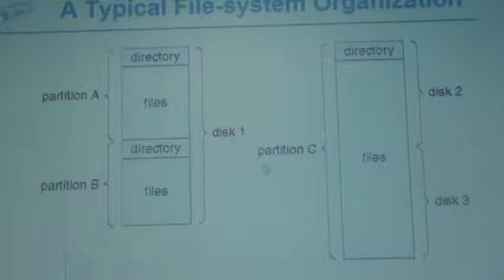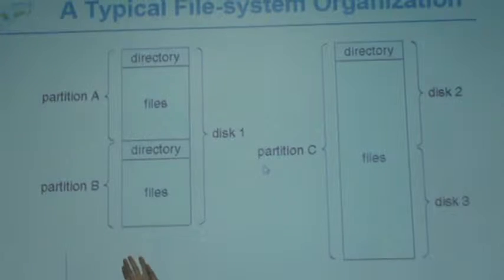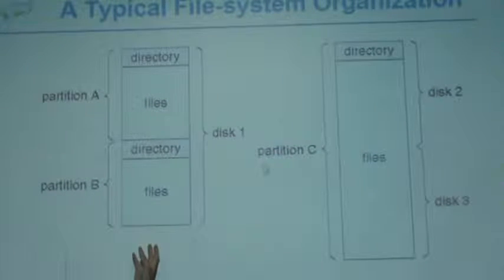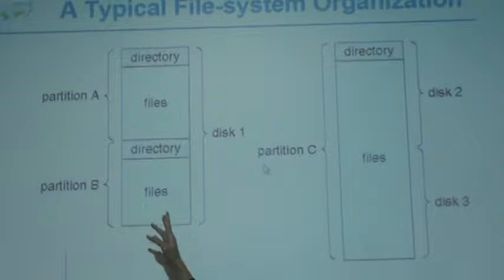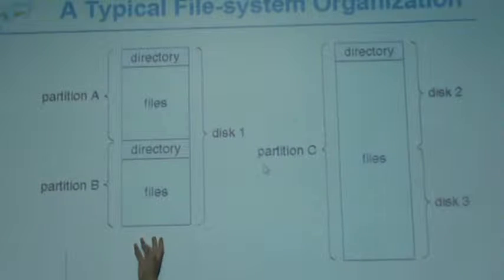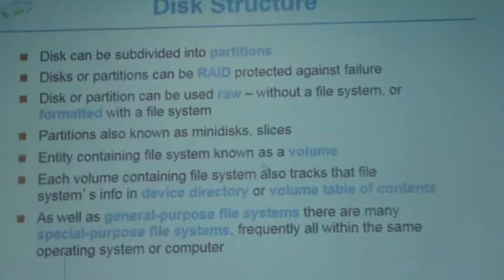Okay, so one or more partitions can be created under your physical hard disk. Disk is the physical resource of the operating system to keep the data. Then there can be partitions first. Then each partition has the header information, then the files. So this is the overview of the file system. Okay.